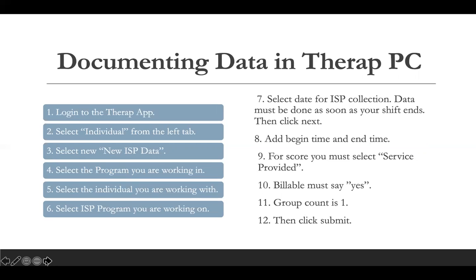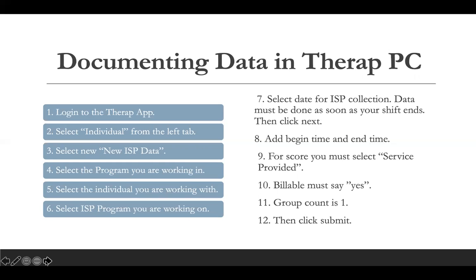On the PC, it says log in to the Therap app, but you're going to go to secure.therapservices.net, which is the website. You select Individual from the left tab. You select New ISP Data, select the program you're working in, select the individual you're working with, and select the ISP program you're working on. You have to select the date for ISP collection, which would be the day of, because remember, data must be done as soon as your shift ends.